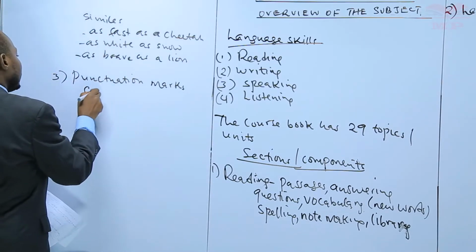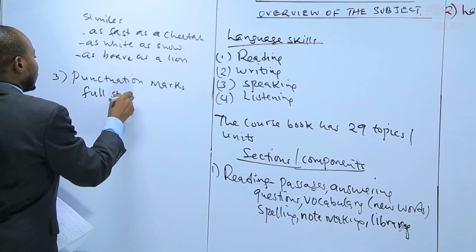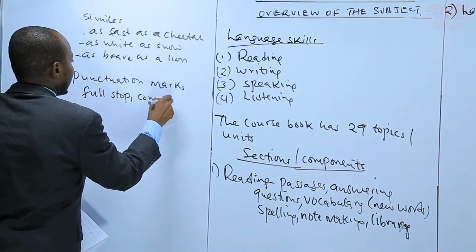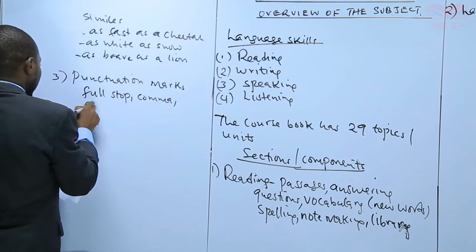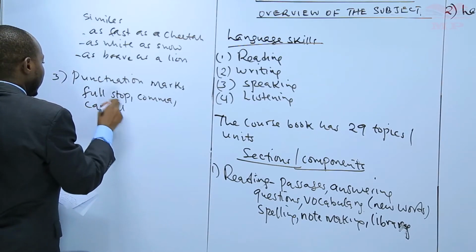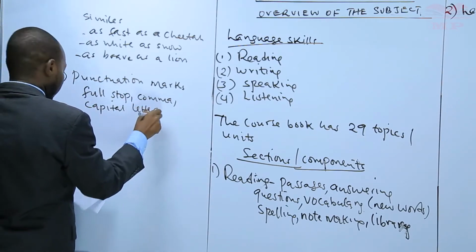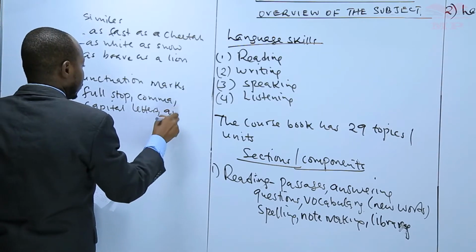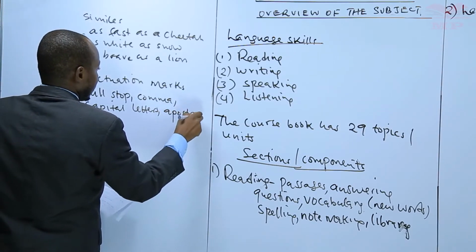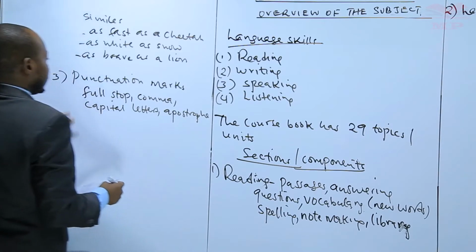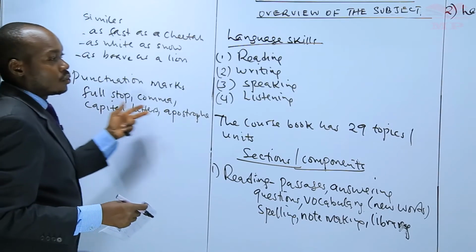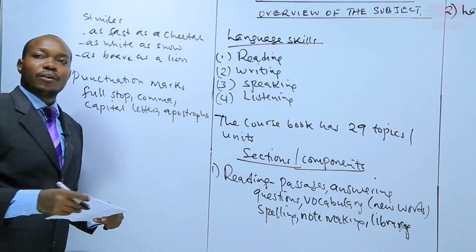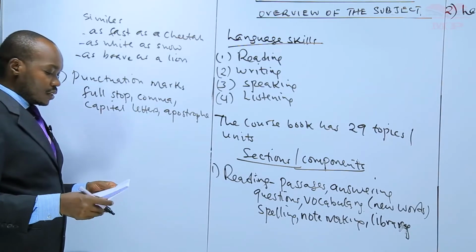We have full stop, comma, capital letters, and apostrophe. These are some of the punctuation marks that we shall study in class 5.